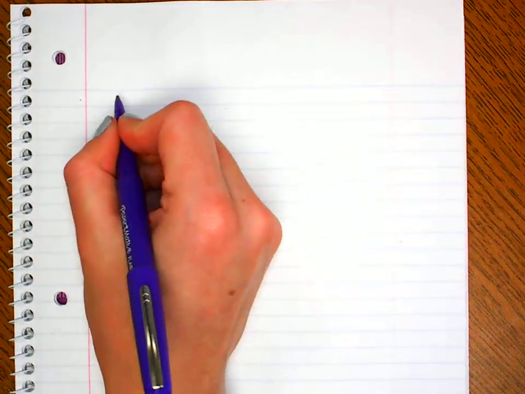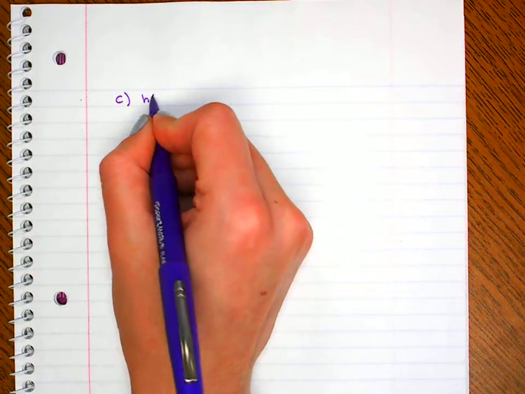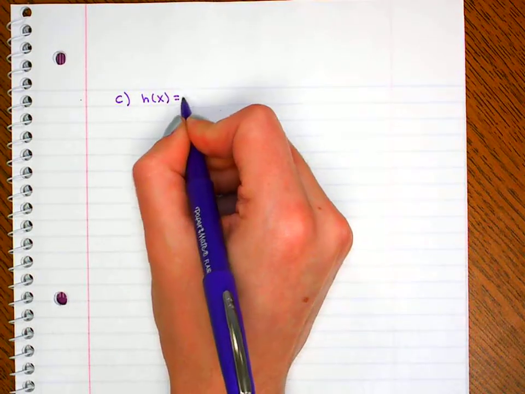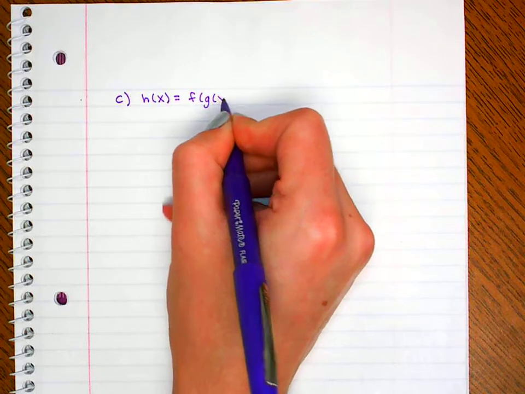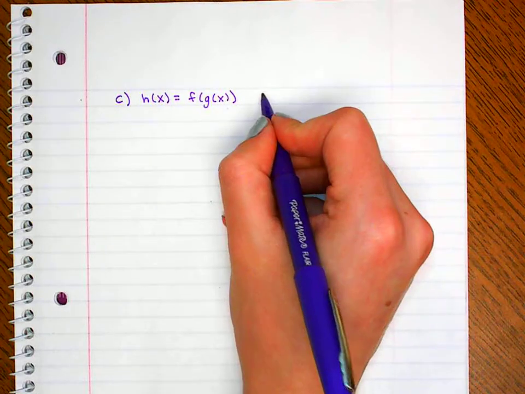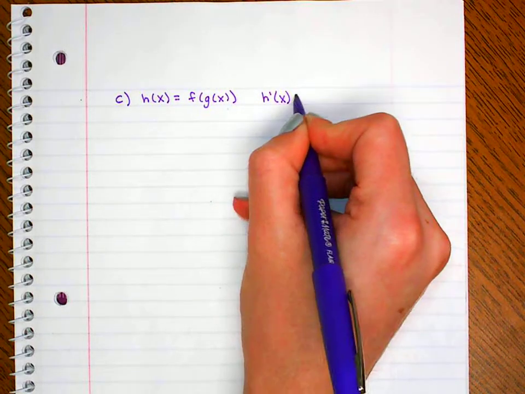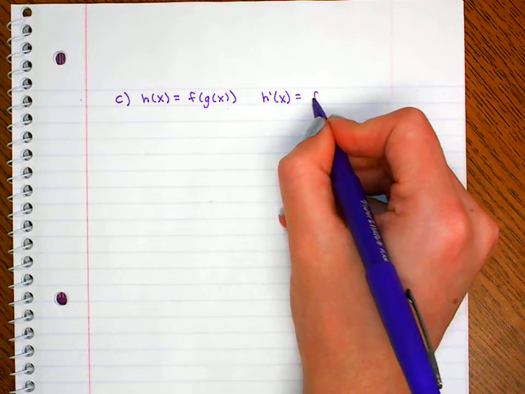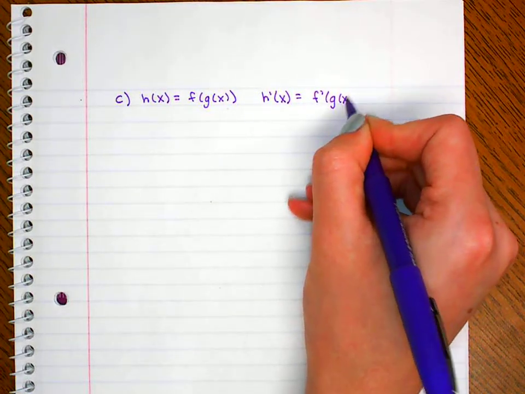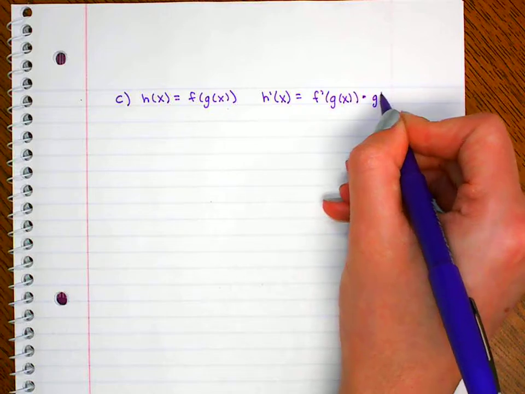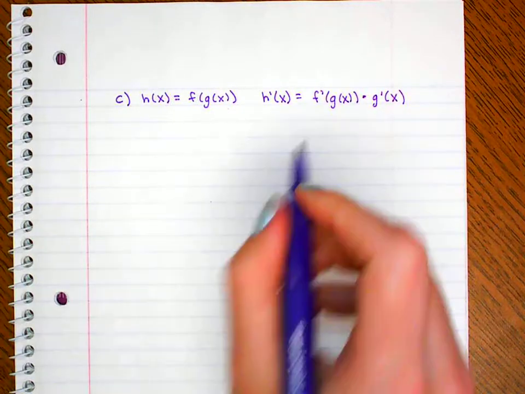C. We're almost done. Okay, we've got h of x is equal to f of g of x. Well, if I want to take the derivative, this is a chain rule, so I take the derivative of the outside, plug in the inside, times the derivative of whatever I plugged into the inside, so g prime of x.